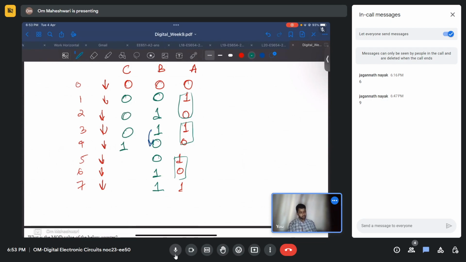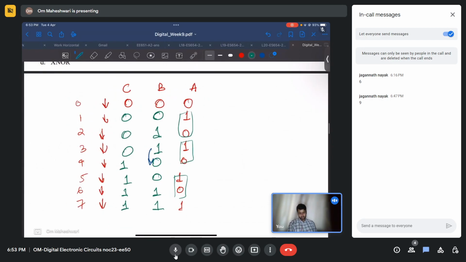Now here it will flip to 1, 1, 1, 1. So these are all the states that we will cover.